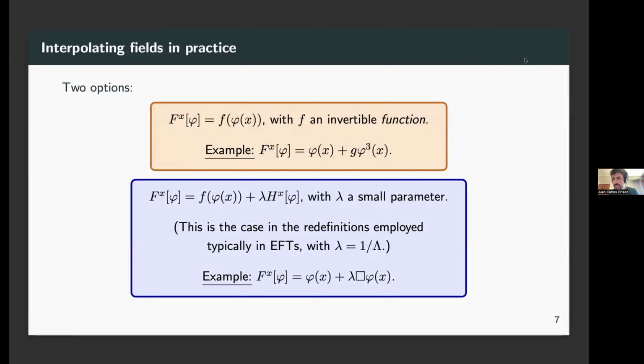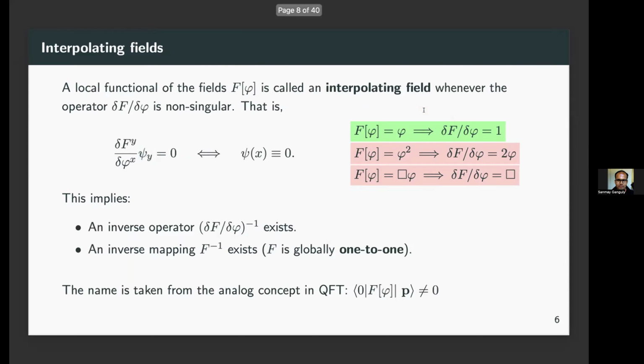I see a hand raised. Yeah, a small query. In the previous slide, the box operator, if it's constructed from gauge covariant derivative and at some order of perturbation theory, the gauge field is mixed with phi itself, then will it always be true that del f del phi equals box? Can you repeat the last question? Sorry.